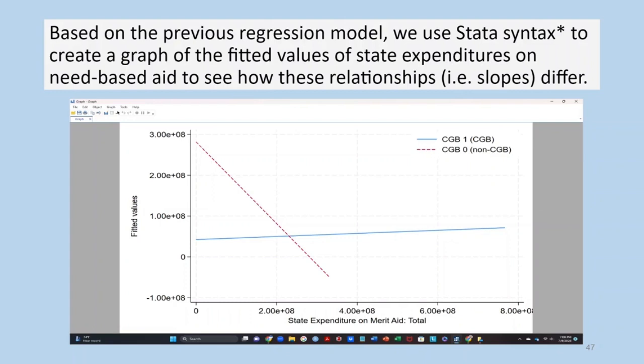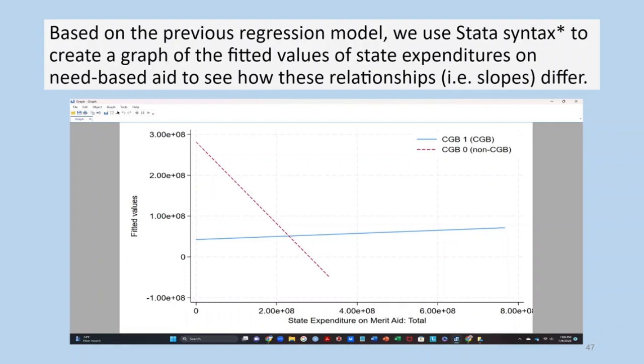Or you could create a new variable. Say you're interested in the share of students by particular group, right? So you could have the share of minority students, whether it's above a certain percent or below a certain percent, and see how that relationship would differ by the share.